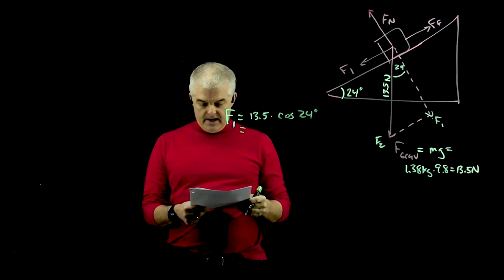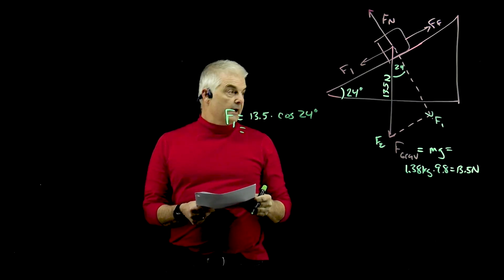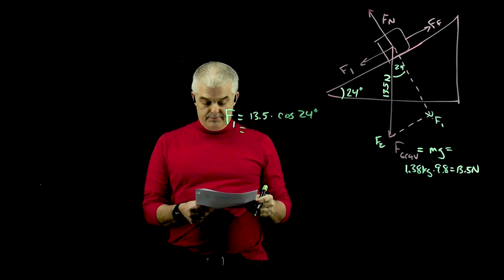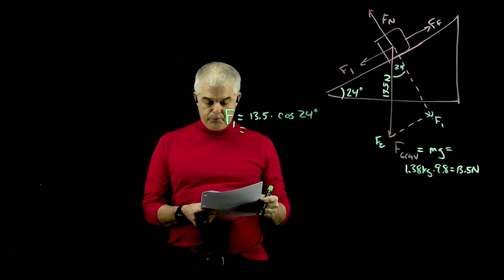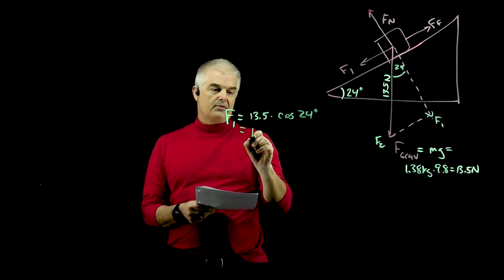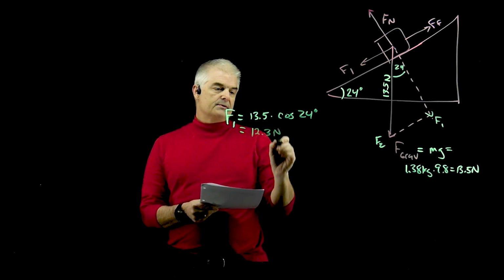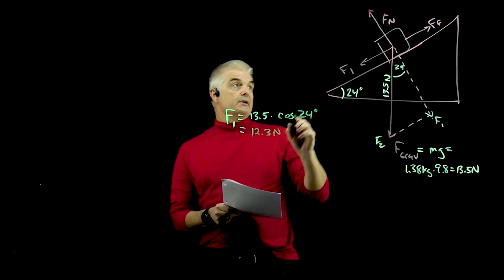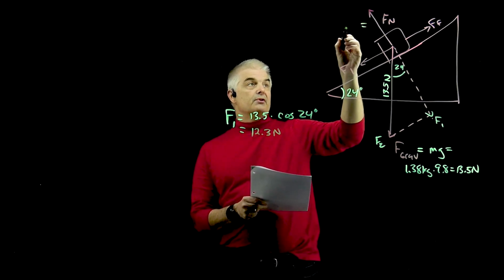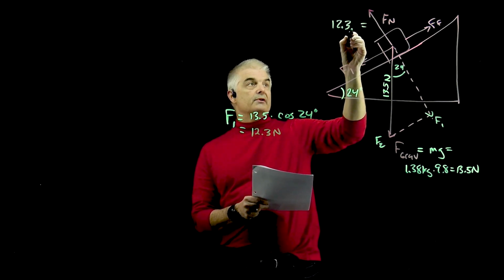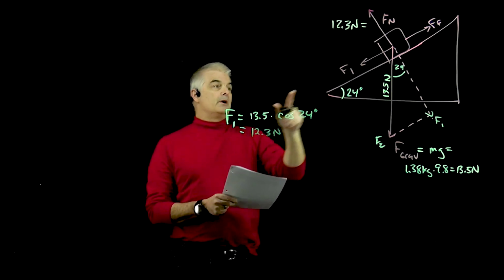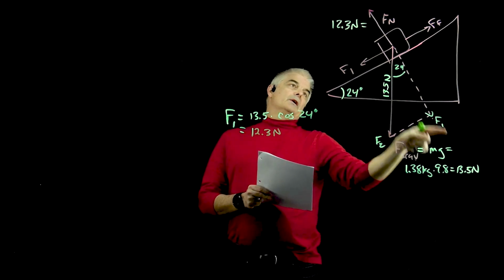And I come out for F1 to be 12.3 newtons. And by the way, what is that also equal to? That's also equal to the normal force, which is 12.3 newtons. Got it? Because F1 is equal to the normal force.